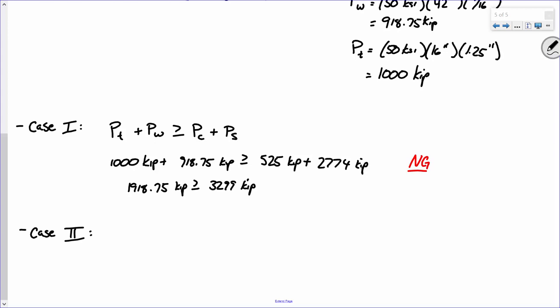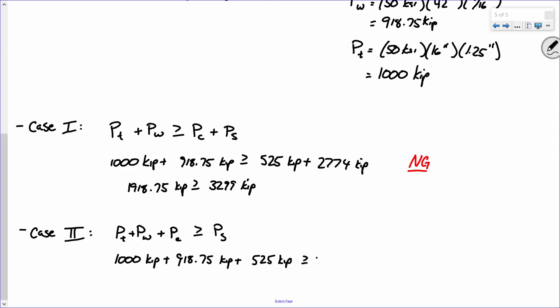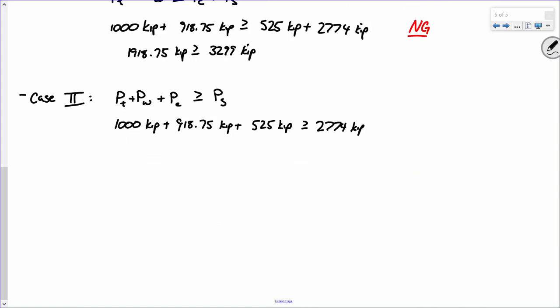Case 2. Case 2 is similar in form. PT plus PW plus PC has to be greater than or equal to PS. Let's see if this is true. All right, 1,000 kips plus 918.75 plus 525 has to be greater than or equal to, all right.